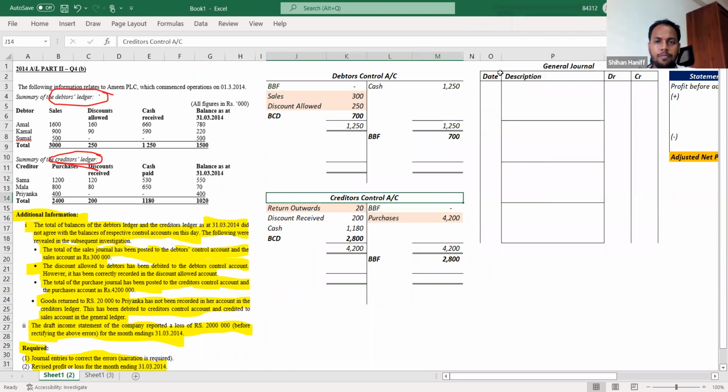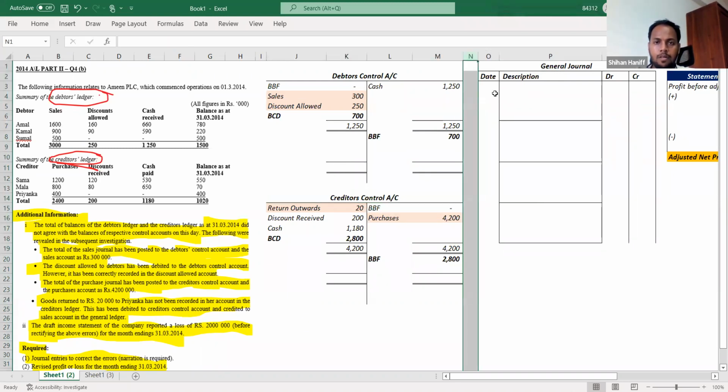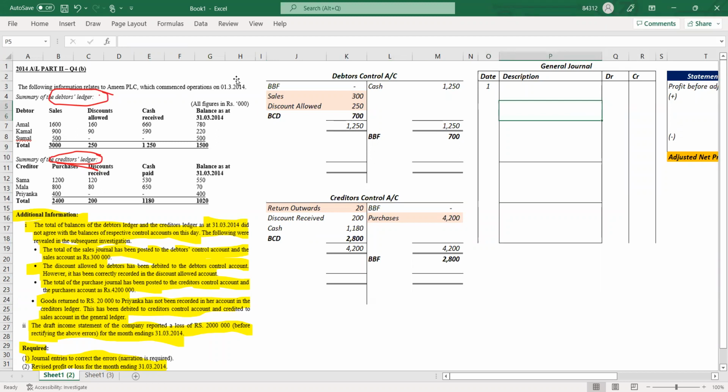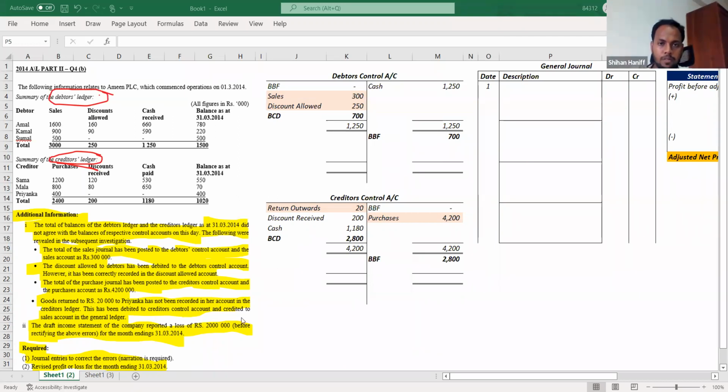Let's do number one. Number one. The total of sales journal has been posted to the debtors control account and sales account as 300,000.